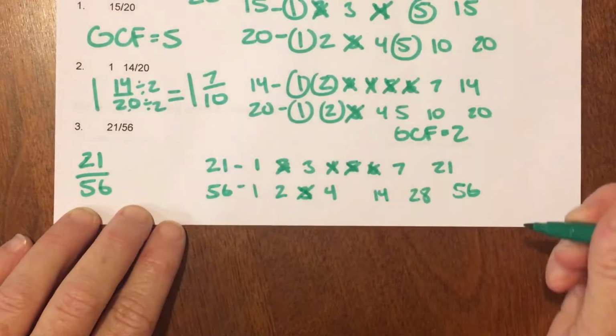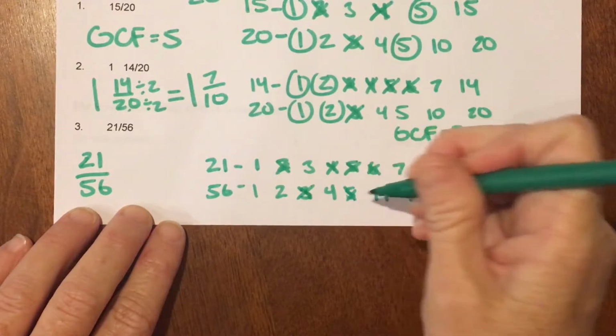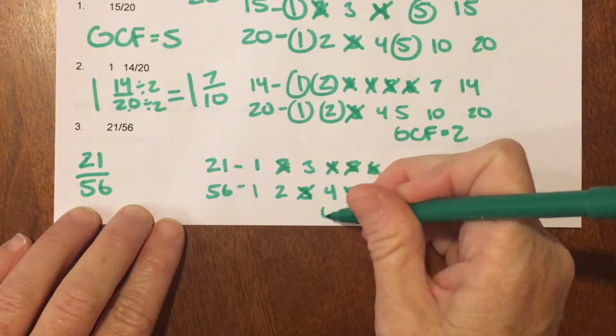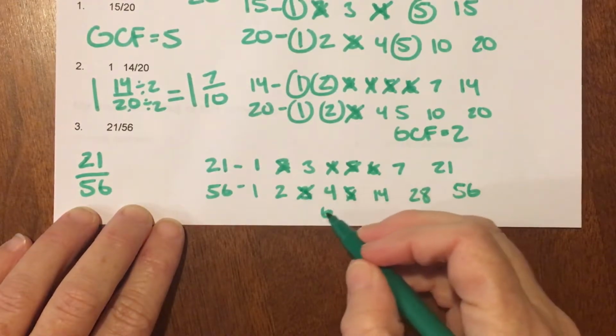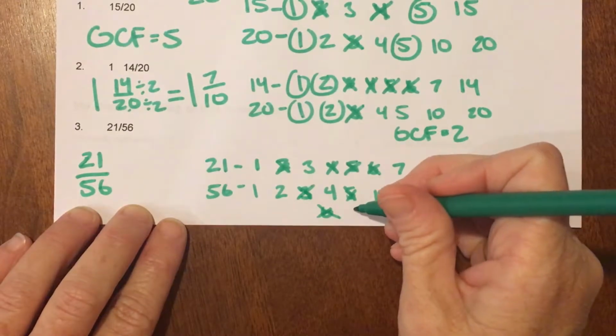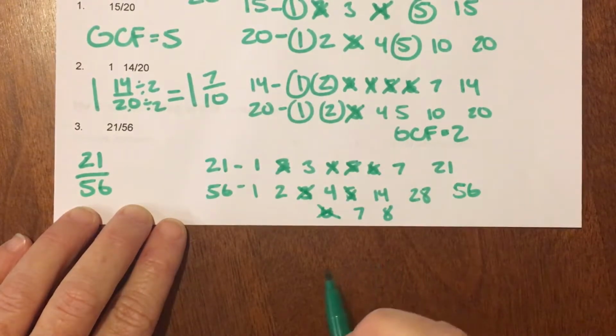That's a really tricky one. Okay, 5 does not work. I'm running out of room. 6 doesn't work because if 3 doesn't work, 6 can't work. 7 times 8, and then there's a repeat.